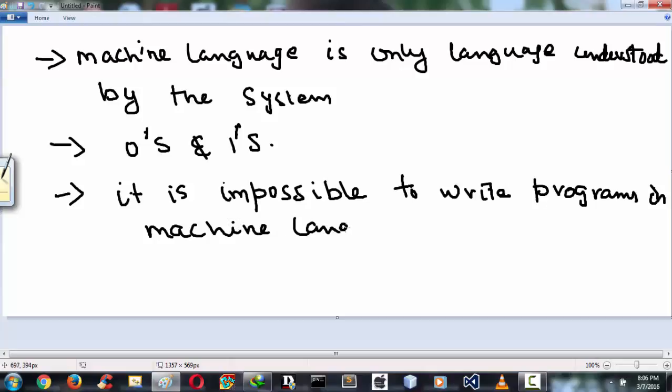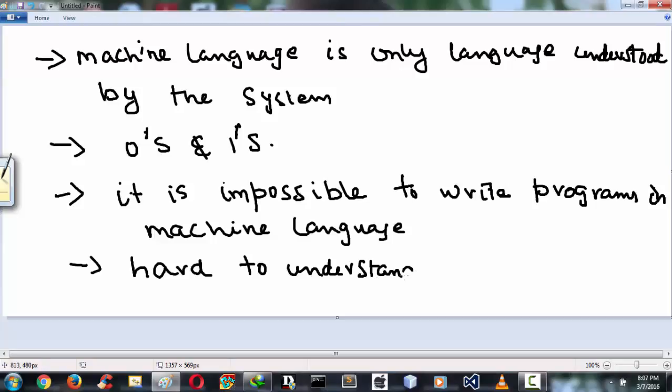They are very hard to debug. Even though we manage to write programs, they are very hard to understand and debug. Okay, so these are the drawbacks of machine language.